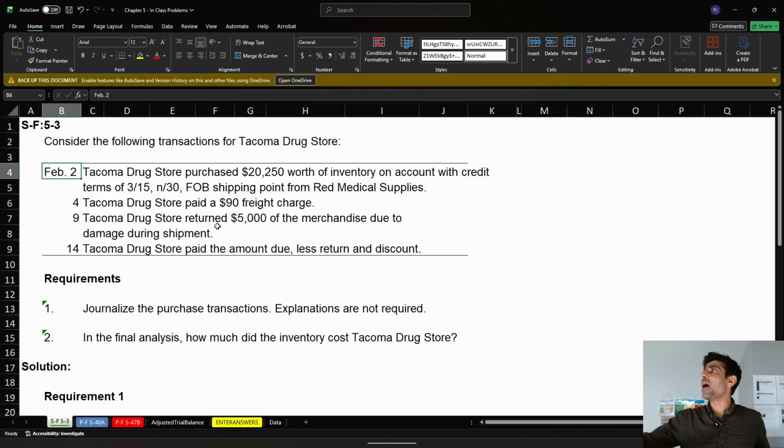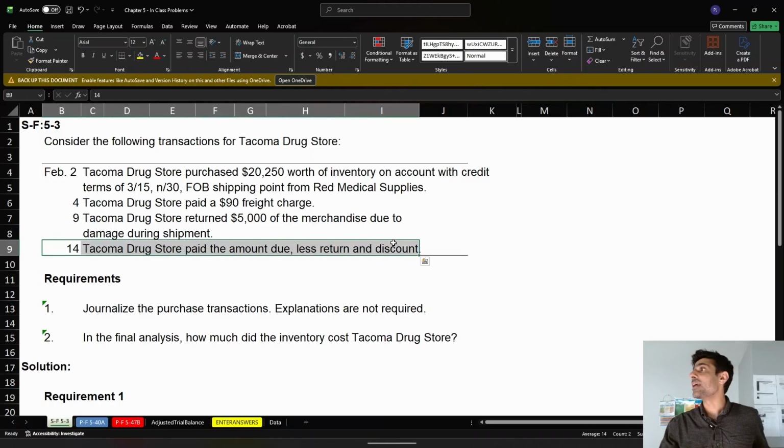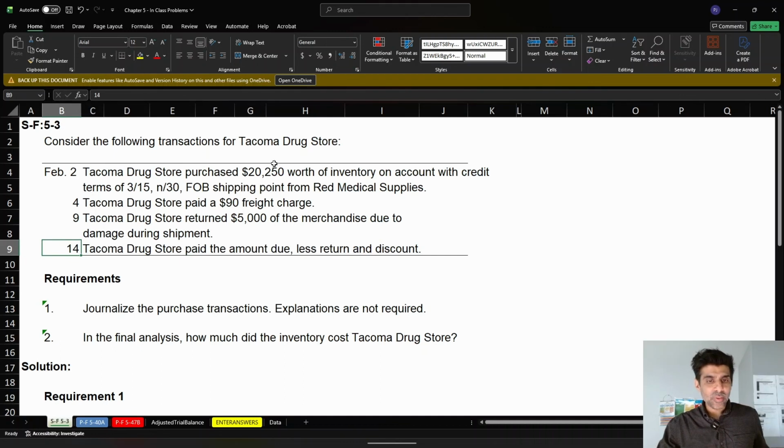Exactly. So if we pay off this accounts payable before February 17th, then we're going to get the discount. Do we agree with that? Yes? Okay. So I can already see on the 14th we're going to pay it off, so we are going to get the discount. If this had been the 18th, we would not get the discount. But let's just do this in order.